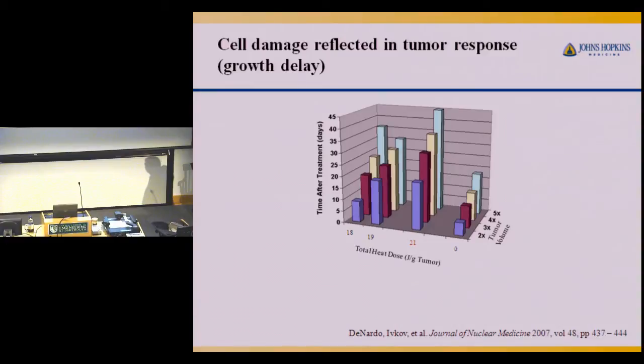And you see that on the far right, we have our controls, combined controls, and with any of the treatment conditions that we had applied, we did see tumor growth delay. So the doubling time or tripling time was increased with our therapy compared to any of the controls. So we did have a sort of clinically relevant measure of effect.